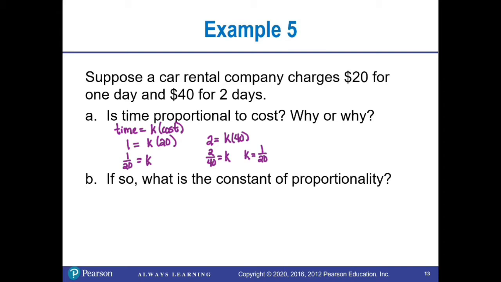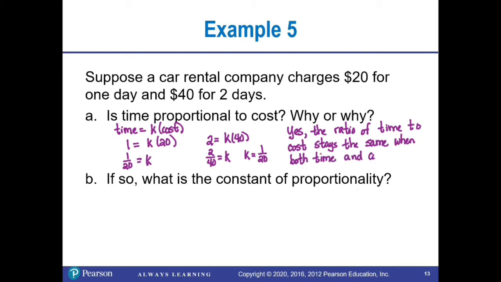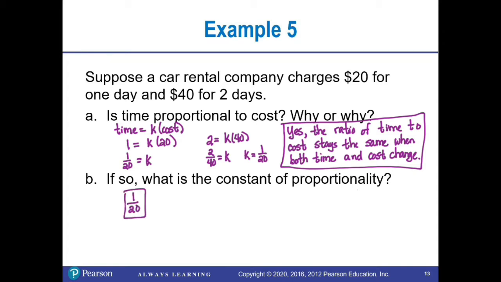Notice that k is the same in both situations. So yes, time is proportional to cost because the ratio of time to cost stays the same when both time and cost change. In part B, we're asked for the constant of proportionality, and that constant of proportionality is 1 over 20.